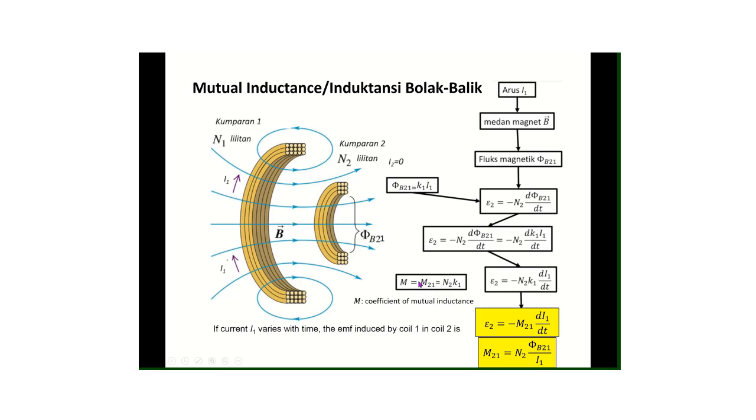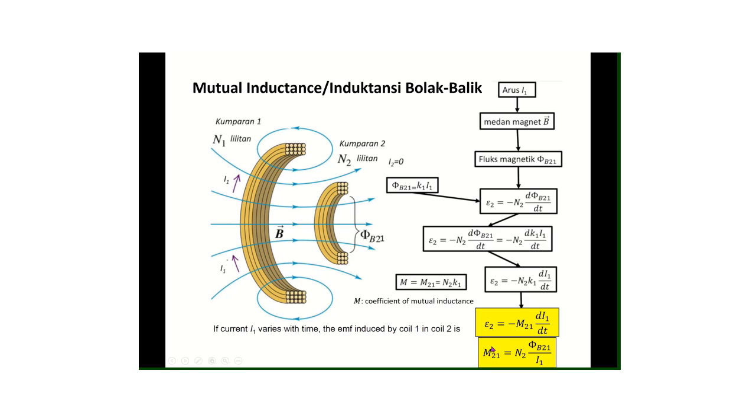Because N2 K1 is M21, epsilon 2 is minus M21 times dI1 over dt, so we can obtain the induced EMF in coil 2 due to coil 1.